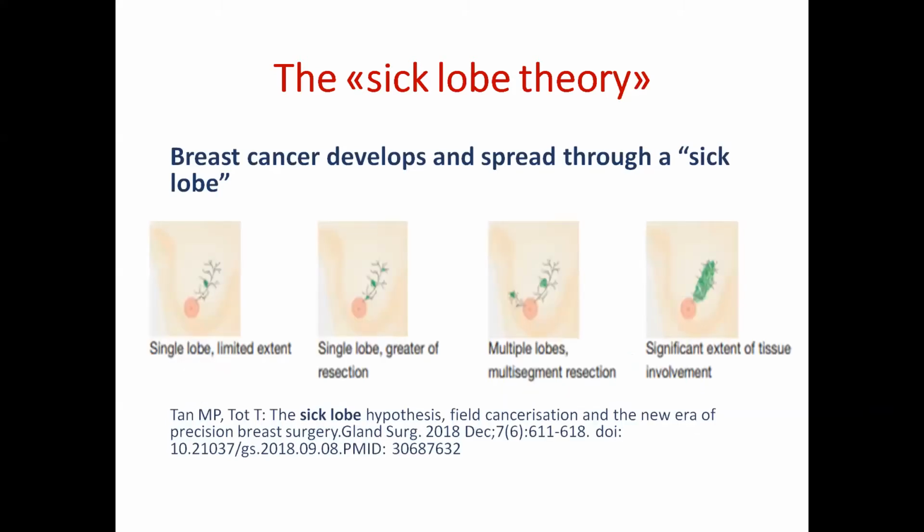These are some drawings taken from Professor Toth's paper, and you see that the cancer starts and then develops through this sick lobe. We can also have multiple lobes involved, but with different cancers, as we will see later. So this concept of the sick lobe is very important, and we will discuss it later in this lesson.